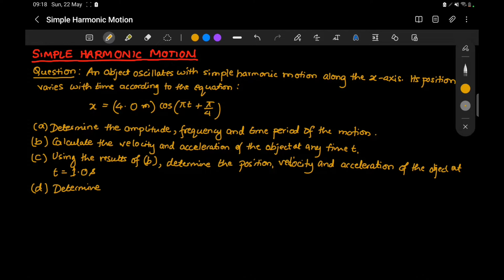Determine the maximum speed and maximum acceleration of the object.